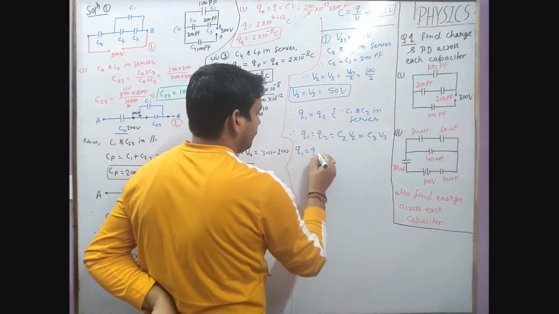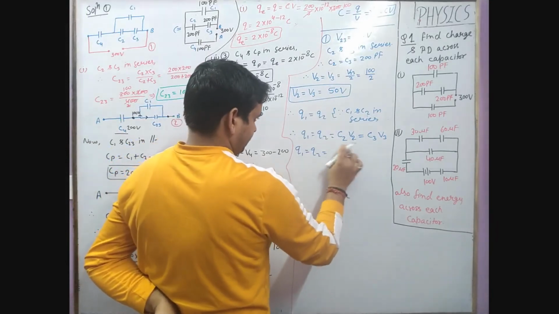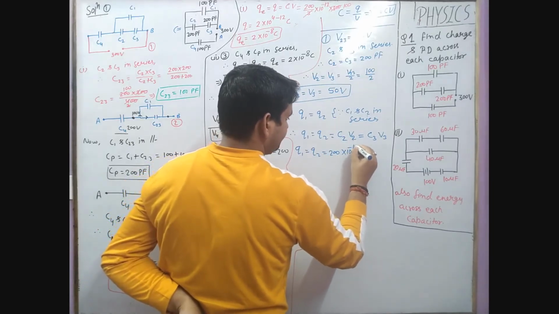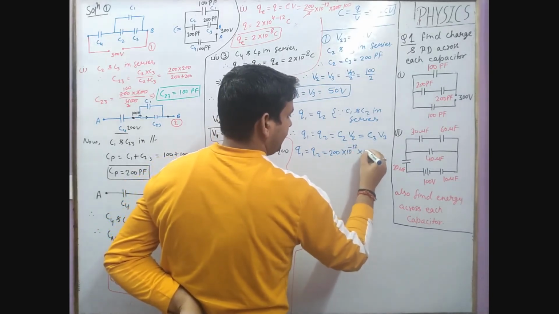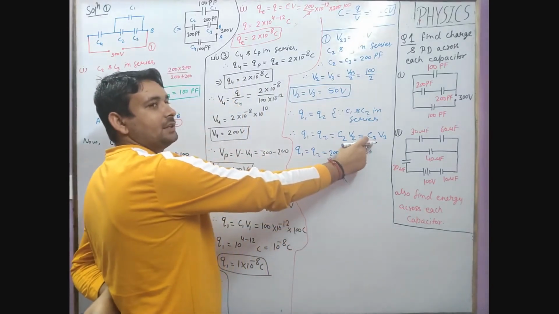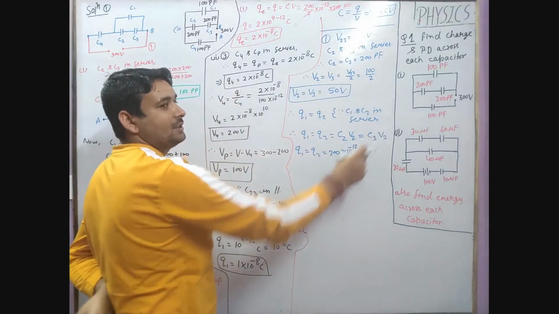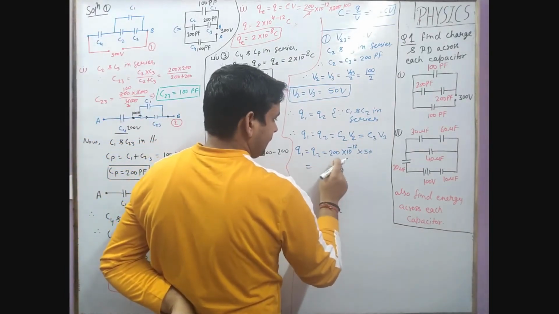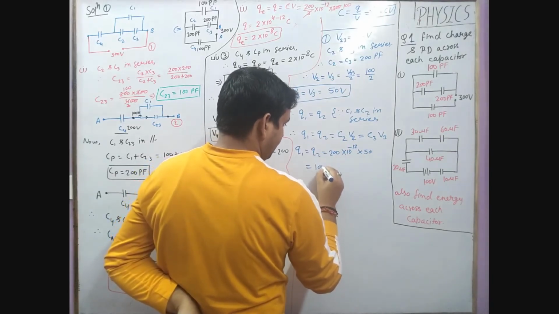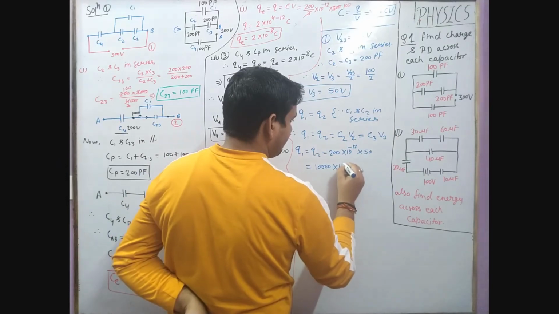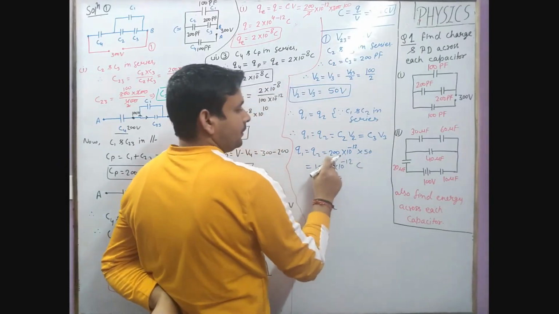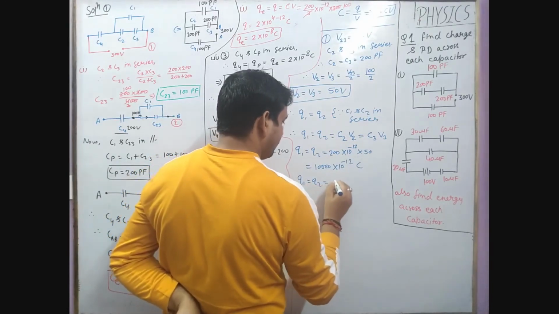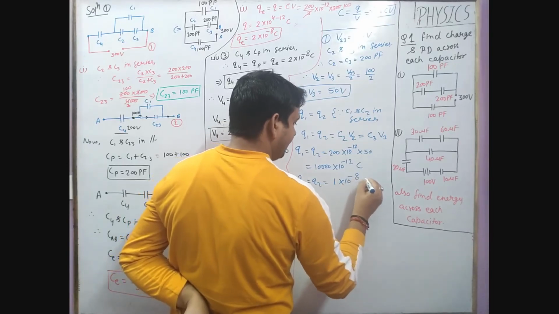C2 is 200 into 10 to the power minus 12 and V2 is 50. If you solve for C3, which is 200 into 10 to the power minus 12, and V3 is 50, you will get the same result. So this will be 10,000 into 10 to the power minus 12 coulomb. So Q1 equal to Q2 equal to 1 into 10 to the power minus 8 coulomb.